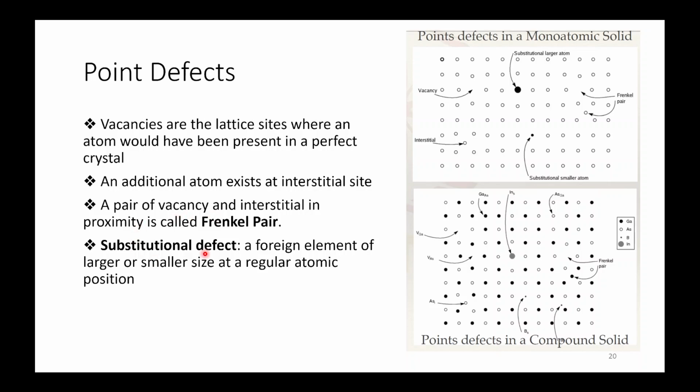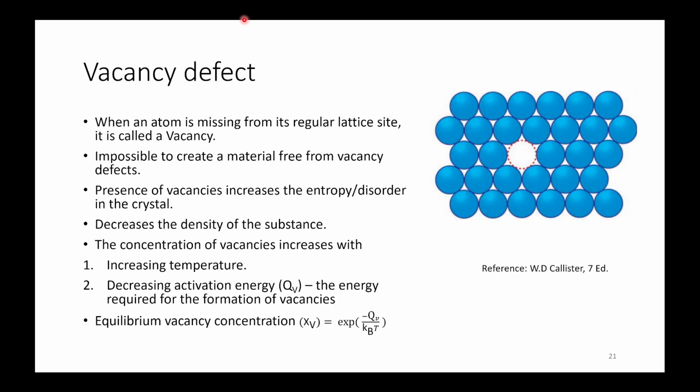Now in case of substitutional defect, a foreign element of larger or smaller size sits at a regular atomic position. So instead of this type of metal atom, a different type of atom is present at the regular site. Now vacancy defect: when an atom is missing from its regular lattice site, it is called a vacancy.